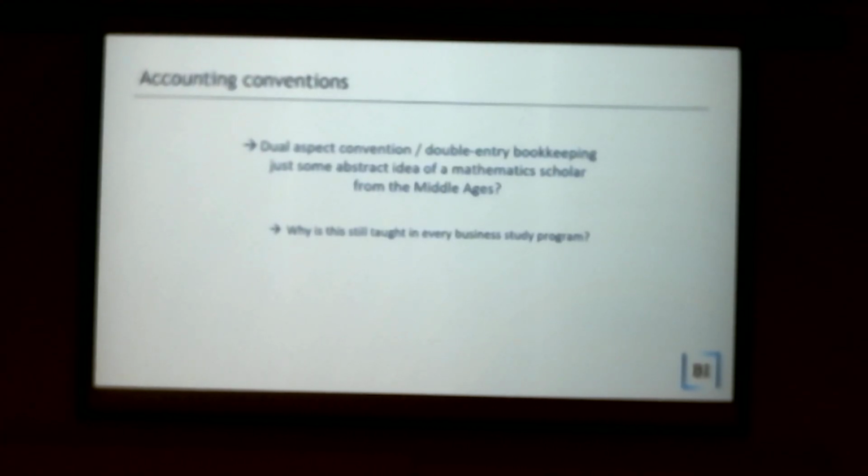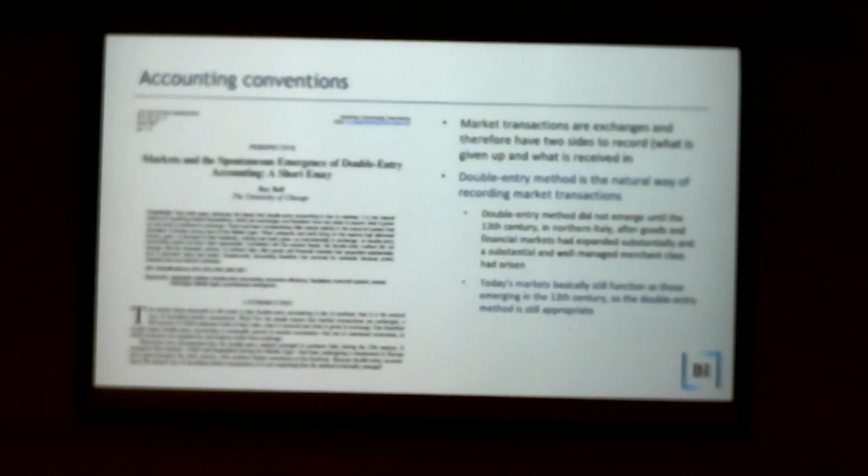Yeah, that's true. So that's a technical aspect, but in fact, when this was invented, economies basically changed a lot. And I recently read this article by Ray Ball. Ray Ball is a famous scholar in our field.